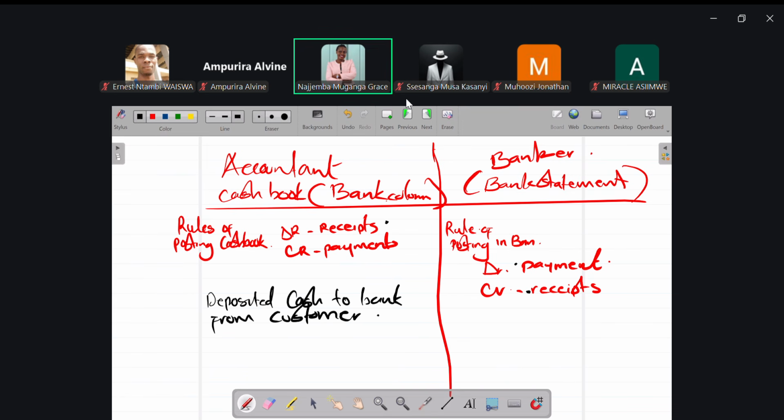It means the bank received money, according to the accountant. The bank received money, so they debit the bank. In the bank's books, it will be credit the bank.